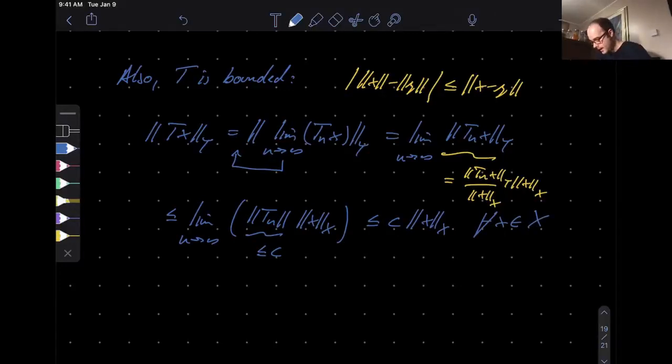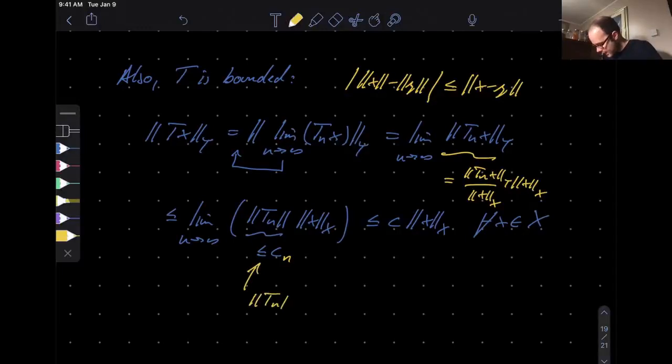Okay? A little bit of thought has to now argue why this constant cannot depend on small n, right? Because each Tn is a bounded linear transformation. So for each Tn you could think there exists a constant C which depends on n. So how can I guarantee that this actually does not explode as n goes to infinity? Well, the reason is, let me write this here.